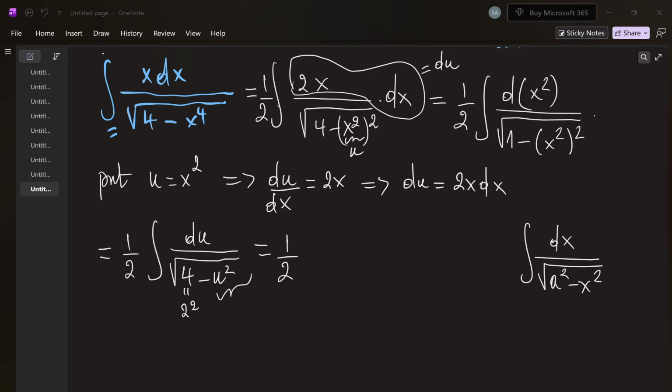So I will give you the solution. The integration of this is simply equal to 1 over a arc sine x over a. Check if I made a mistake.